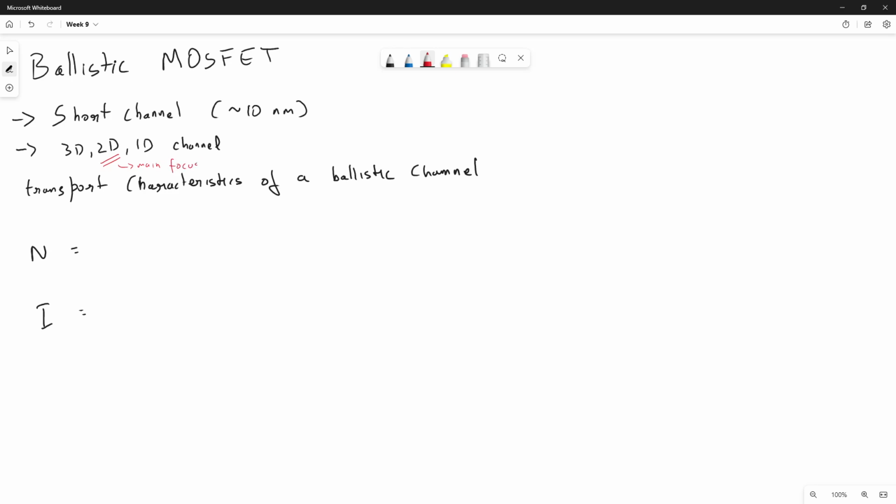However, whatever results you see for a 2D channel, you should be capable of generalizing it for the 1D and the 3D channel as well. So, if you guys have your notes, can you tell me what this N equation is?